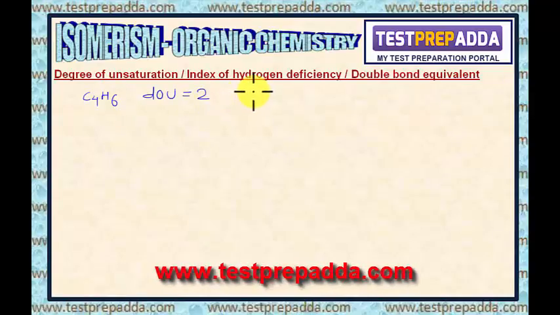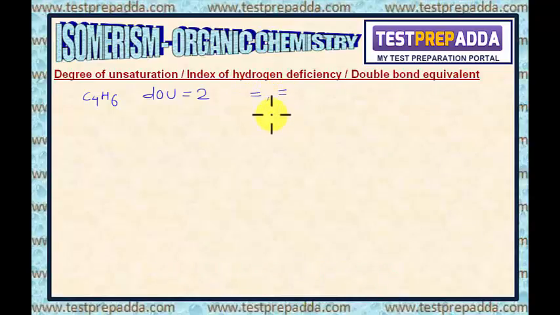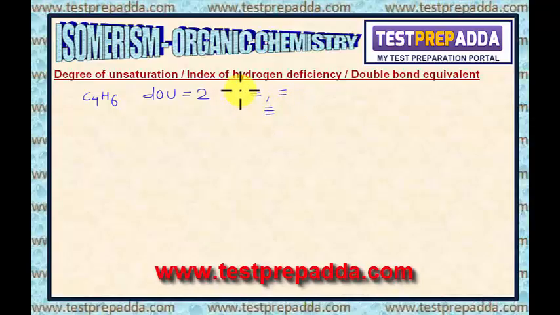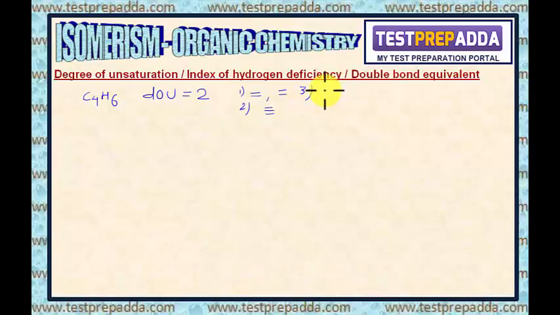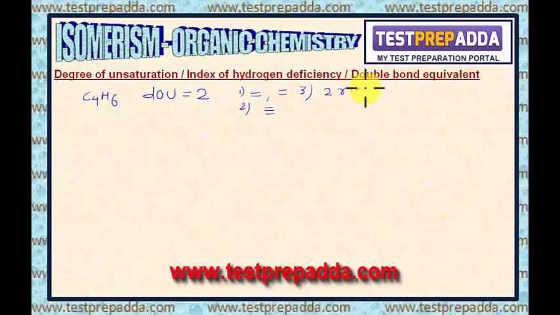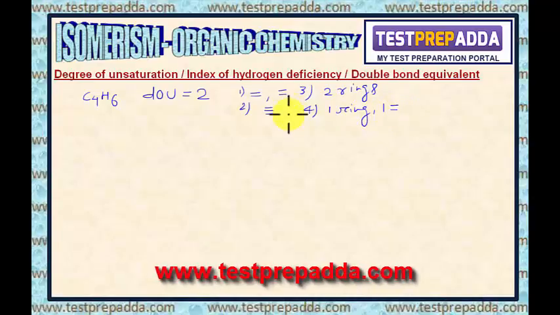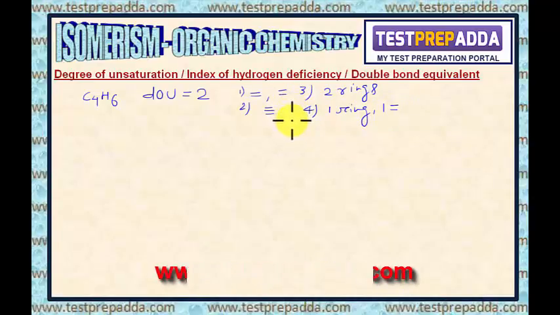As I told you, it can have two double bonds, one triple bond, two rings, or one ring and one double bond. So these are the four possibilities for this molecular composition.